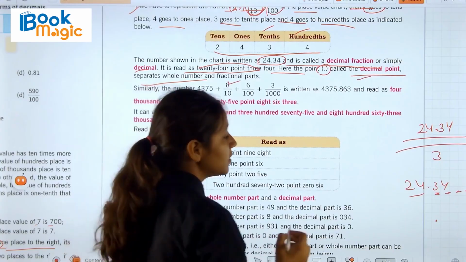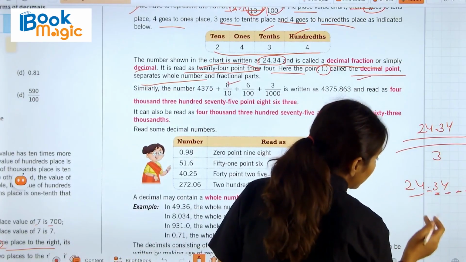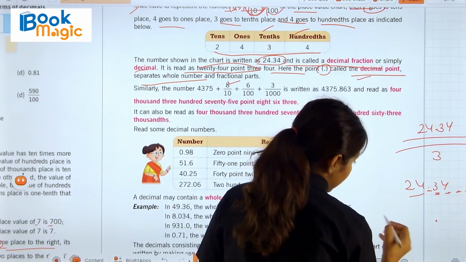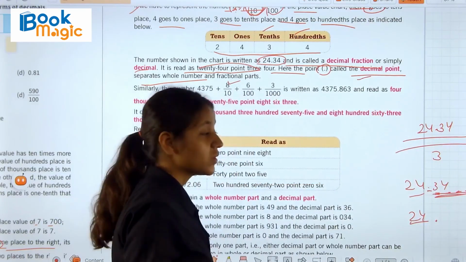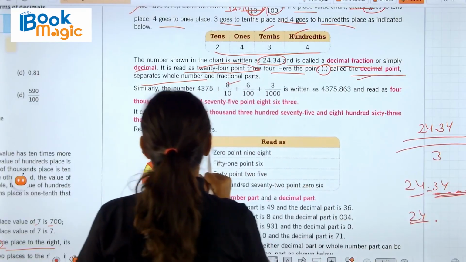See, 24 is a whole number and this is the fractional number, so it is just separating them.